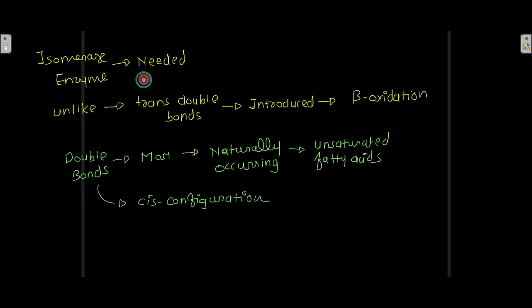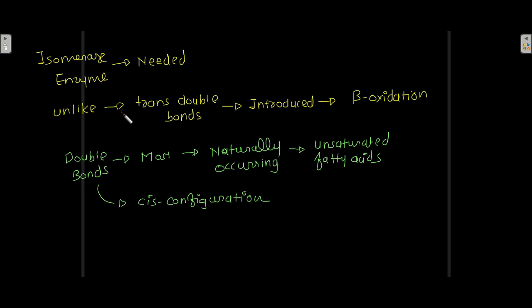Because unlike the trans double bonds which are introduced during beta oxidation, the double bonds of most naturally occurring unsaturated fatty acids have a cis configuration, and that is the reason why this isomerase enzyme is needed.